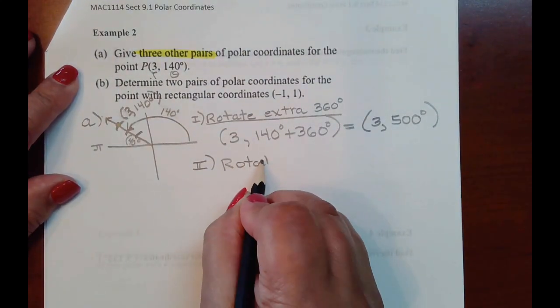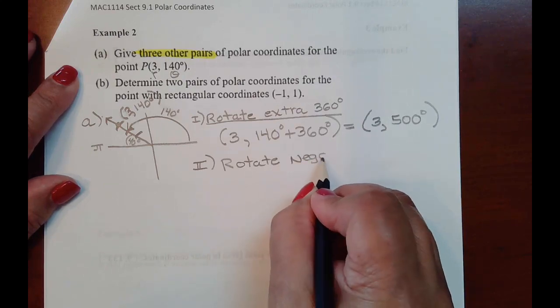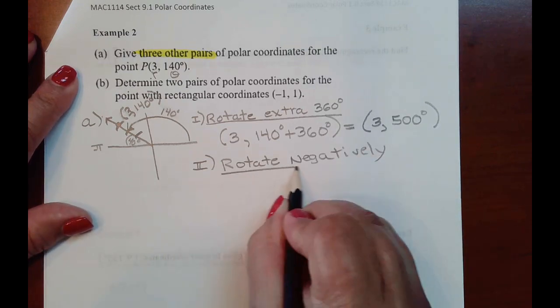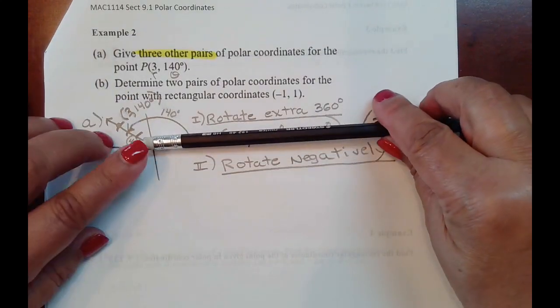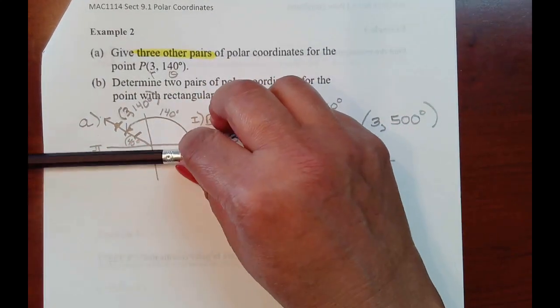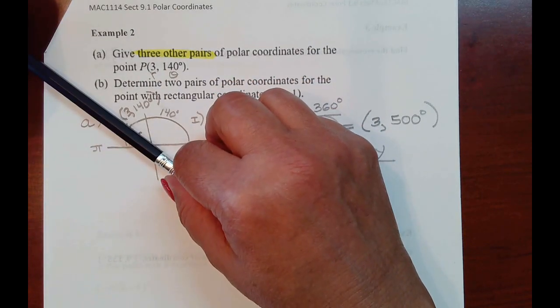So do a negative rotation. Okay, so if I was going to rotate negatively, that means I would start at 0 and I'd want to rotate a negative 180 degrees plus an additional 40.